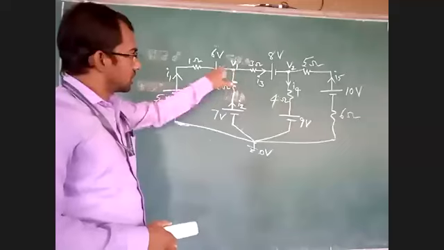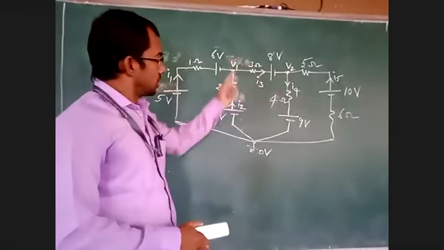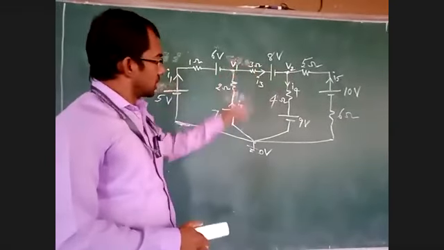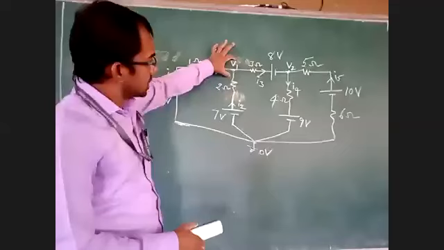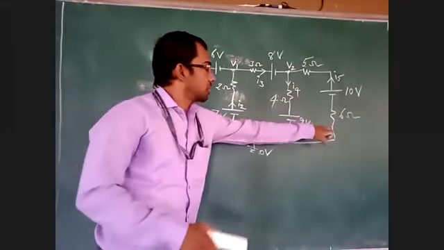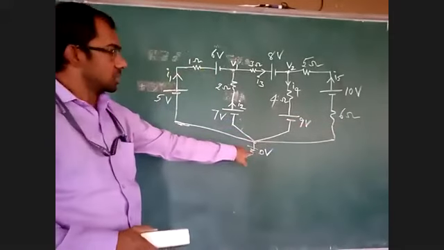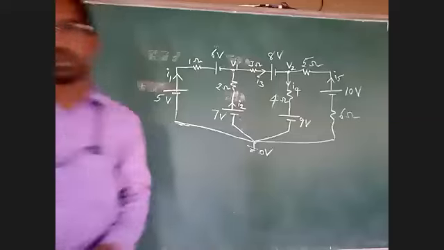See here, this is not the common node, because this node can be connected here, this node and this node. But if you are taking this as 0 volts, the problem here is all the 1, 2, 3, 4 branches are connected to this point. But here, how many branches are connected? 1, 2, 3.